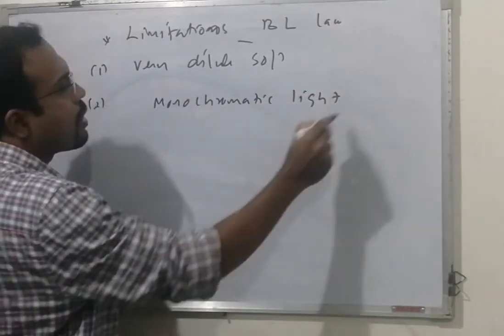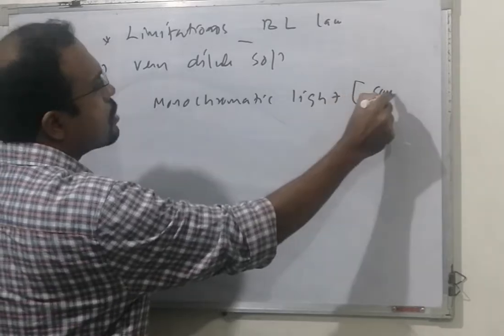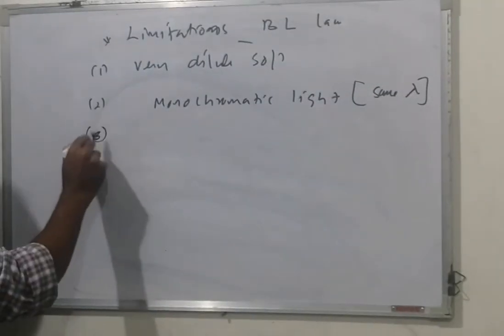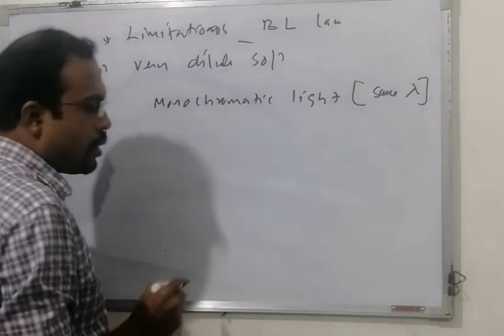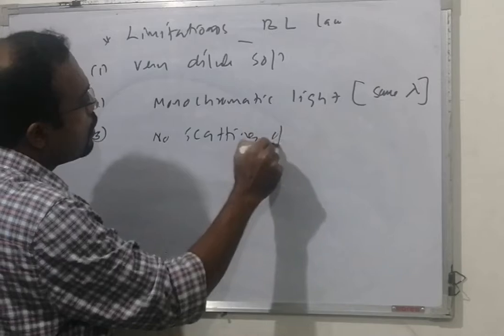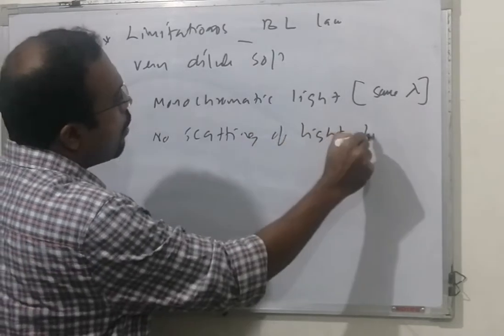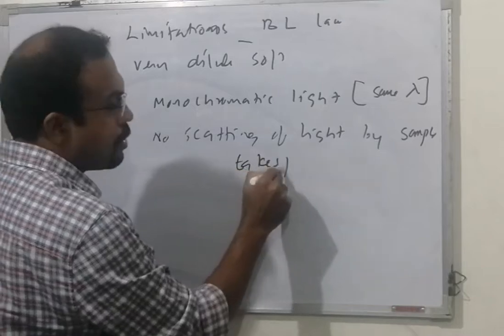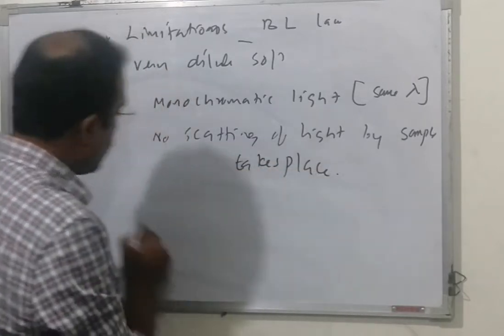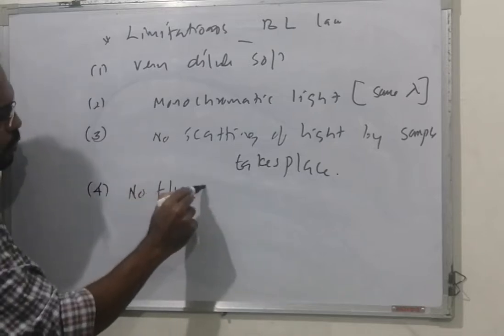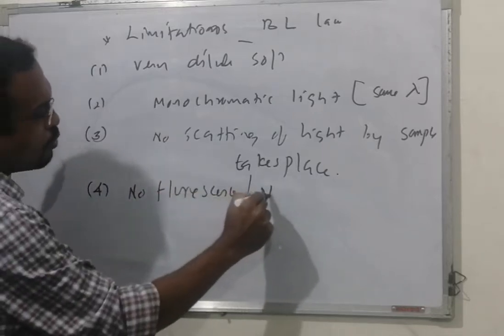What is monochromatic light? Light of the same wavelength. Third, no scattering of light by the sample should take place. The fourth one is no fluorescence or phosphorescence.